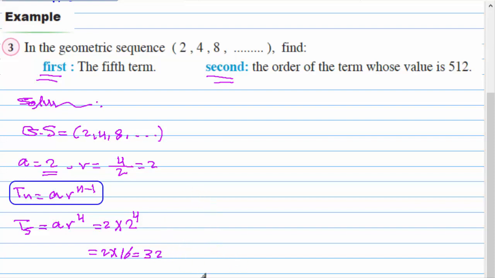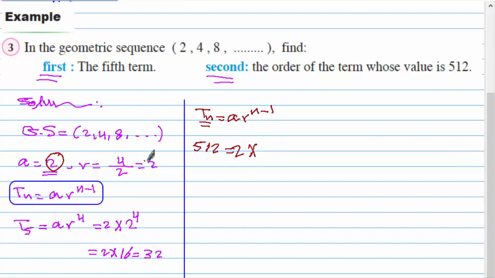Now second, the order of the term whose value is 512. Again, we write Tn equals AR power n minus 1. Here we have Tn equals 512, and A is 2, multiplied by R, which is also 2, power n minus 1.